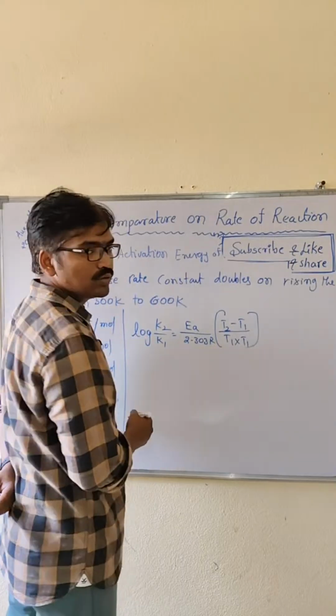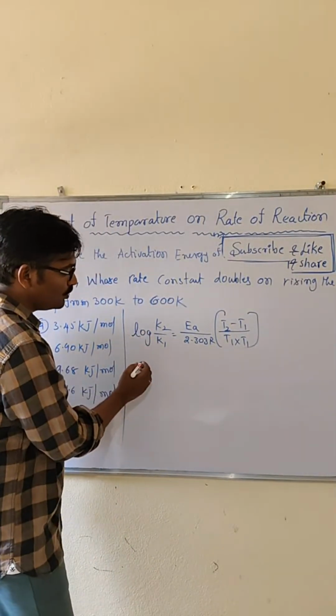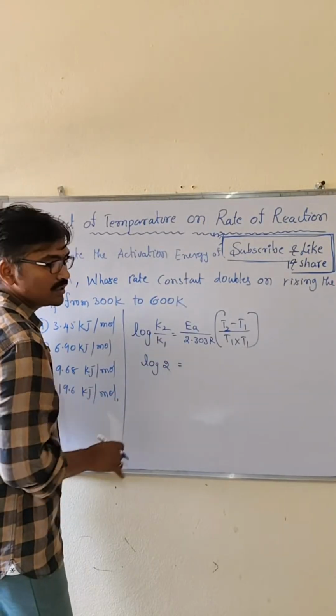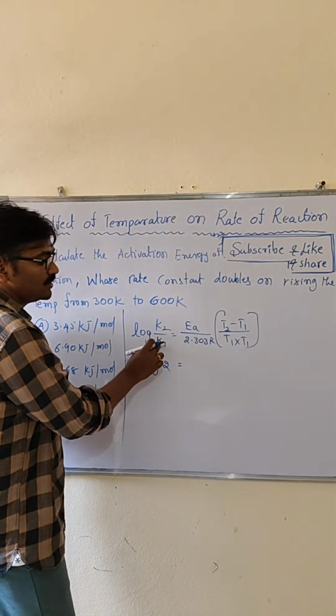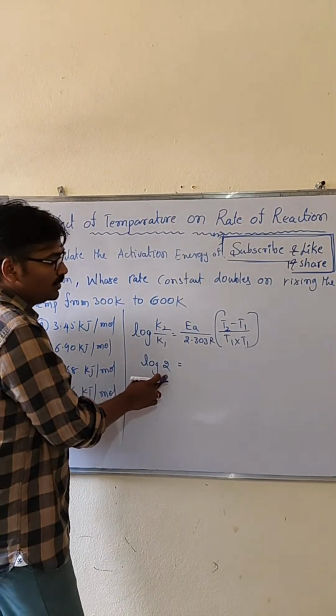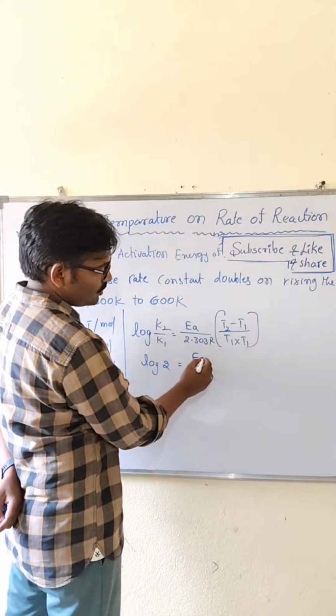This is the formula you have to use. It is clearly mentioned that it is doubled, so K2 is 2K1, K1 cancels, and log 2 remains. Then we have to find the activation energy Ea.